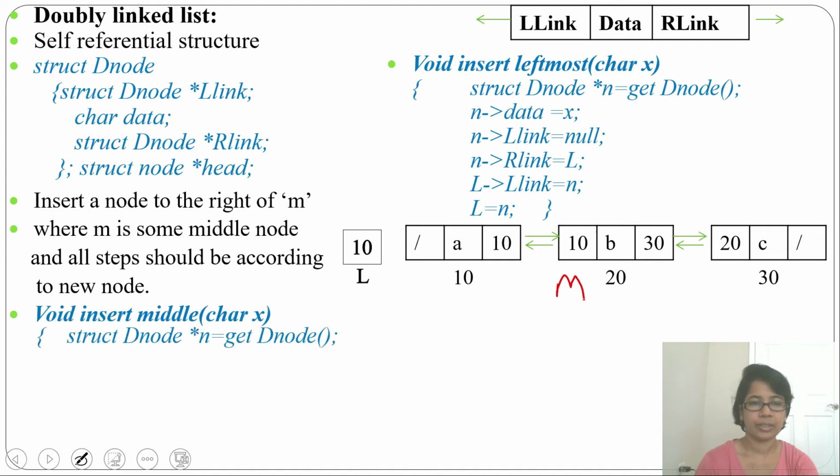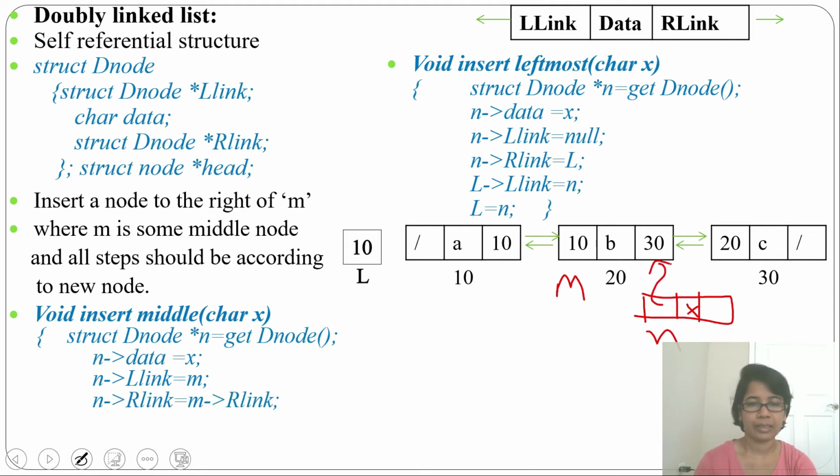Then void insert middle, struct node pointer n gets a new node. Data will be x. Then n left link will be m. Then n right link will be m right link. So m right link is this, and now n right link will be m right link.